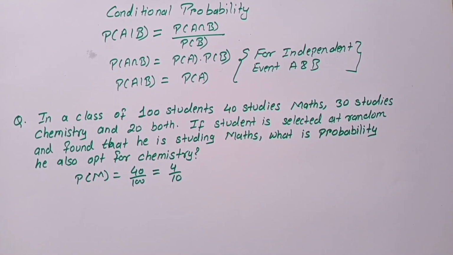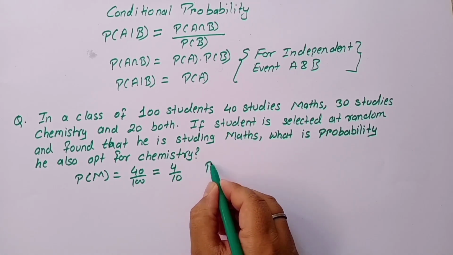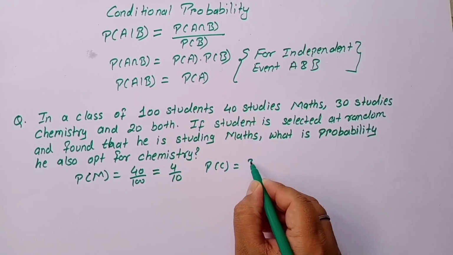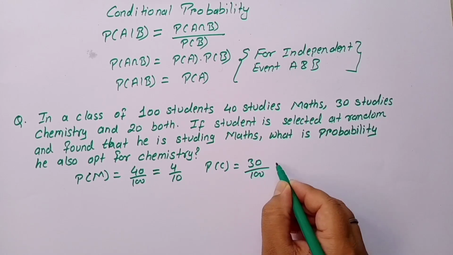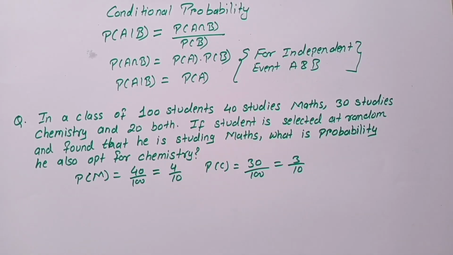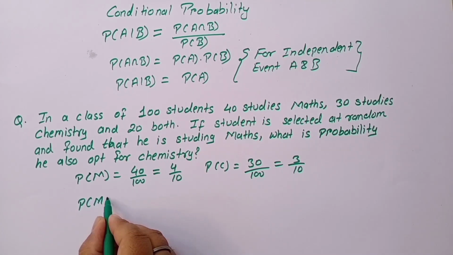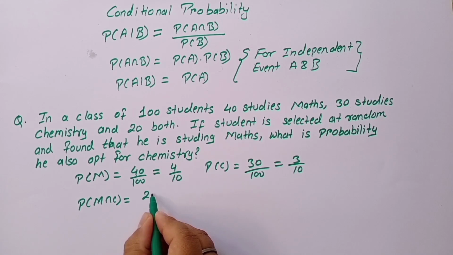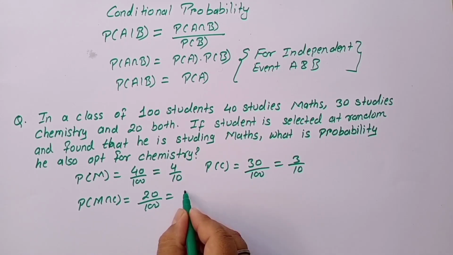The probability that a student is studying chemistry is 30 by 100, that is 3 by 10. And the probability that a student is studying both subjects, maths and chemistry, is 20 by 100, that is 2 by 10.